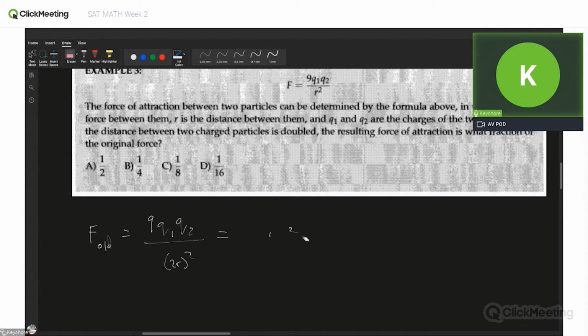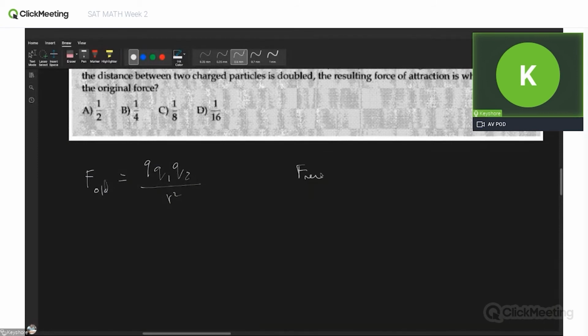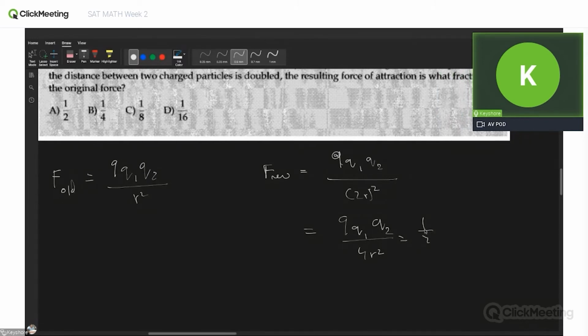Oops, we wrote this in the wrong part. This is the old force, so this is supposed to be r squared. The new force, however, does have the 2r, and this now equals 9 q1 q2 over 4 r squared, or in other words, 1/4 of F old.